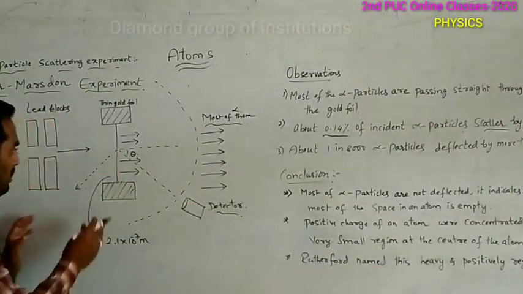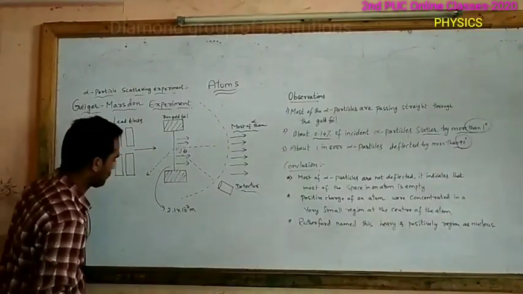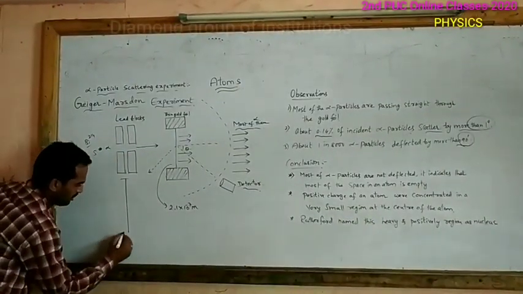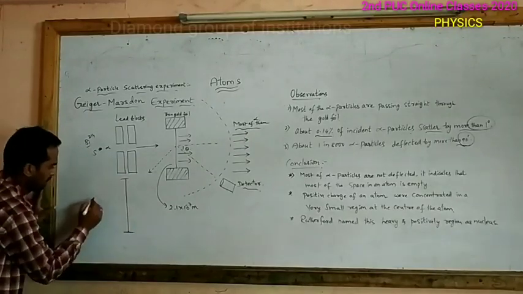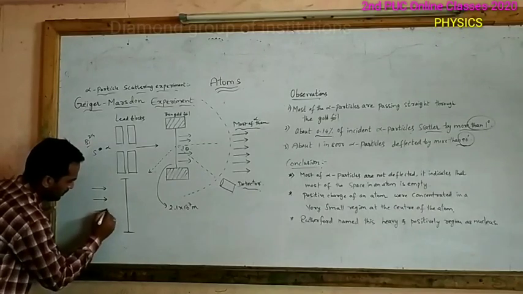Now you can see the diagram like this also. So this is the gold foil screen, and these are the alpha particles approaching.